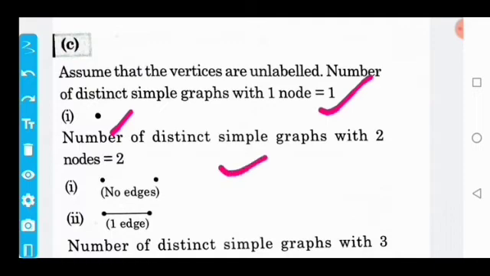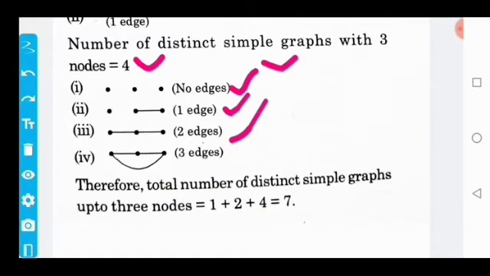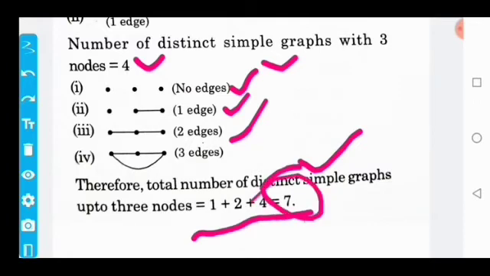The number of distinct graphs with 2 nodes is 2, meaning without an edge and with an edge. And the number of distinct simple graphs with 3 nodes is equal to 4, meaning first is the basis of no edges, second is 1 edge, third is 2 edges, and fourth is 3 edges respectively. Therefore the total number of distinct simple graphs up to 3 nodes is equal to 1 plus 2 plus 4 is equal to 7, meaning 7 is your correct answer.